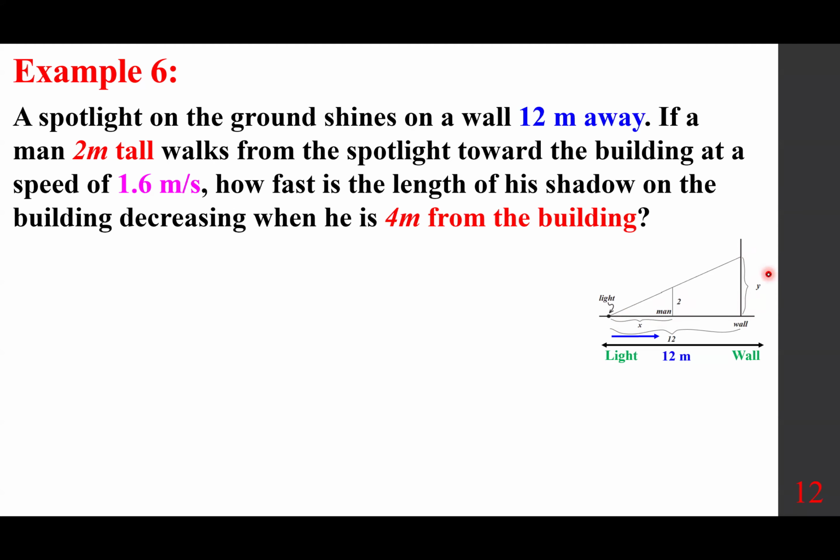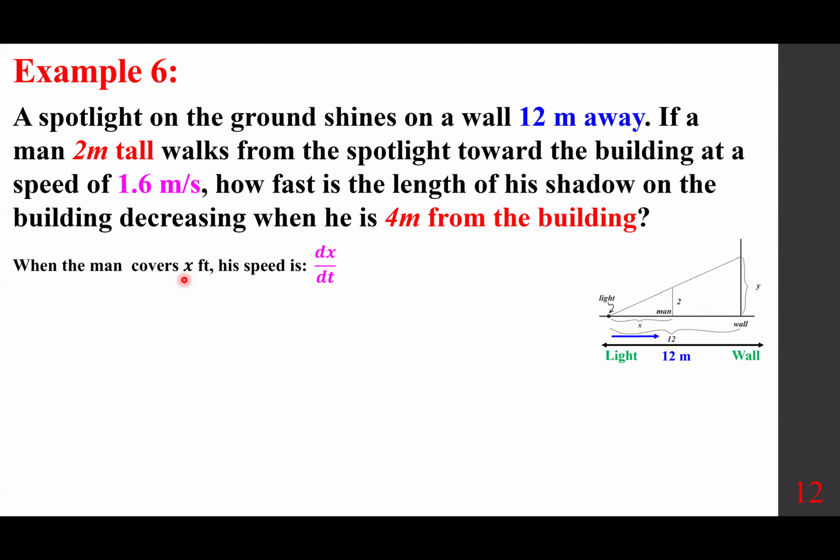As the man moves this way, it covers some distance, for example, x, and it creates the speed dx/dt.